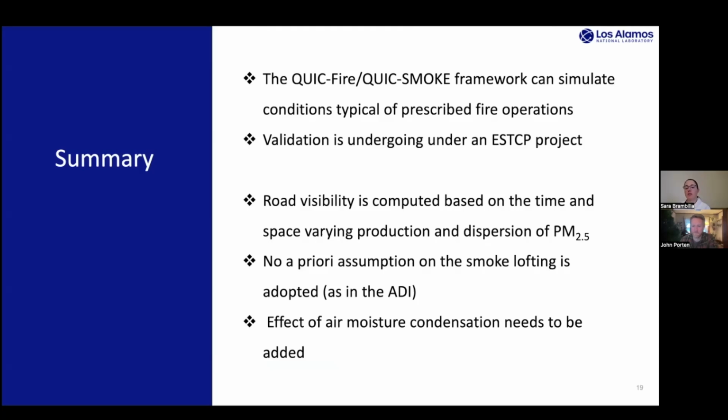And in the models we have, there is no prior assumption on how much smoke is lofting off the ground and how much is staying, like some of the other indexes that are commonly used in the community. And we do want to add in the effect of air moisture condensation on the visibility effects. So thank you for listening in.